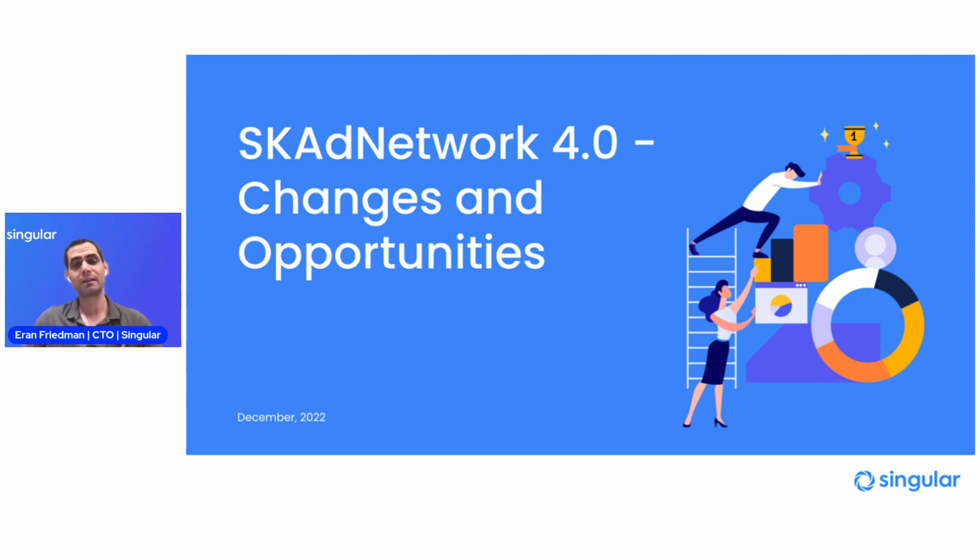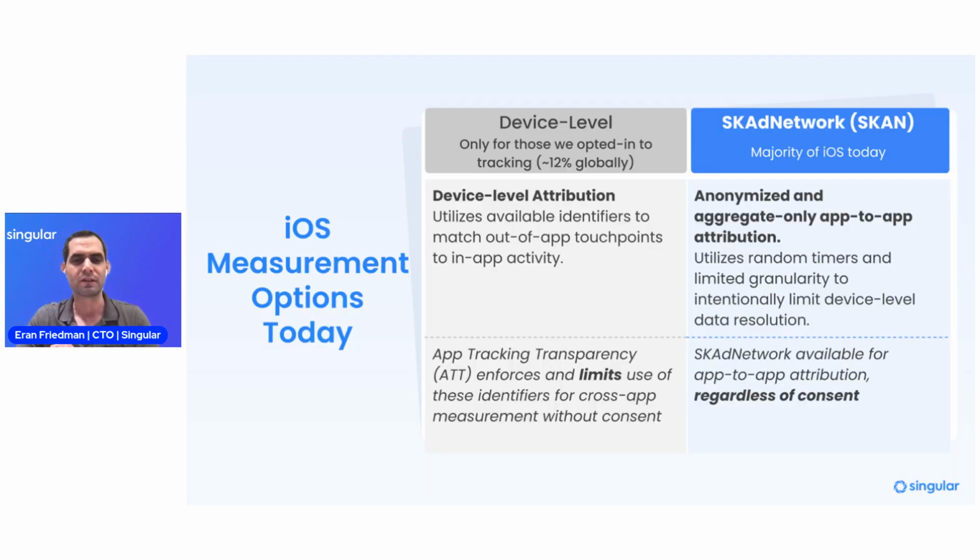And SKAdNetwork is the solution to try to provide measurement, even when the user says they don't want to be tracked. So we're going to walk through exactly what SKAdNetwork means and really focus on the latest changes, the big upcoming version, SKAdNetwork 4.0, the new features there, and how we see opportunities in the industry to really leverage it. So let's move on to the slides.